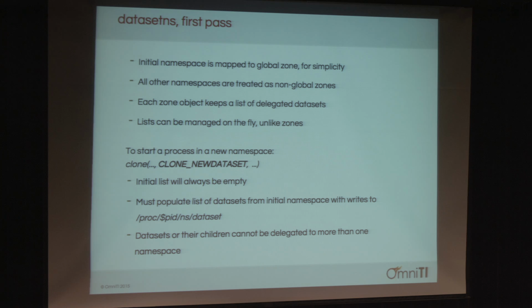But the existing zones code was flat. With zones, you were either in the global zone or in a non-global zone. The zone object has a list of delegated datasets, and that's how it worked in the actual zones implementation. Doing a similar implementation here lets us reuse a lot of the existing logic.